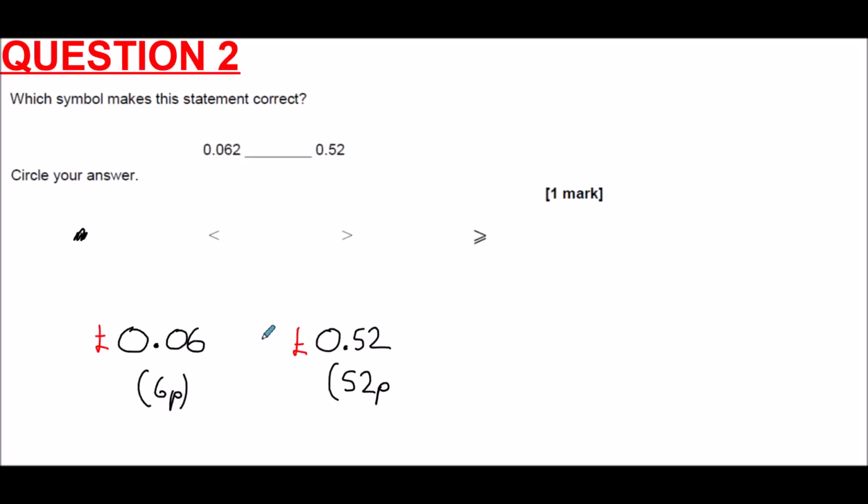Hopefully you'll know that 52p is definitely bigger than 6p. And so the crocodile would prefer to have 52 pence than 6 pence, because 52 pence is bigger. And so the correct symbol that would go inside here, in the middle of them, would be this symbol, with the open mouth pointing towards the bigger thing. So we need to circle this one.